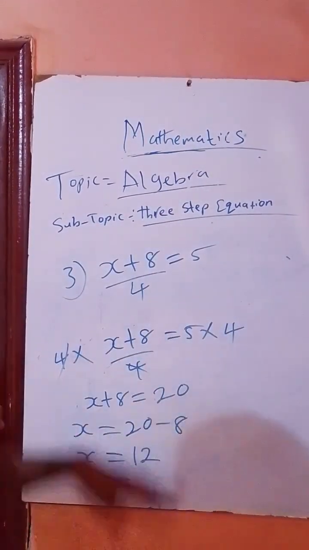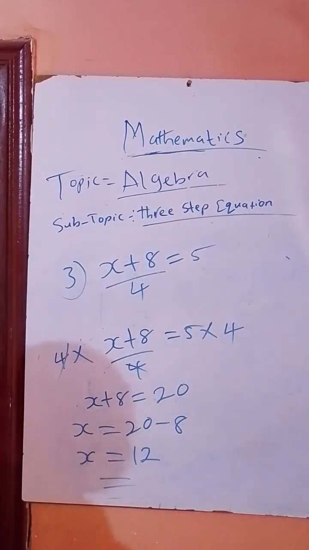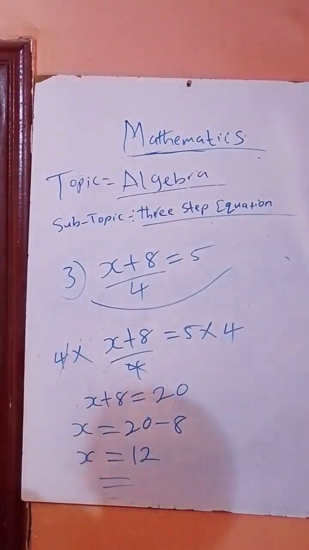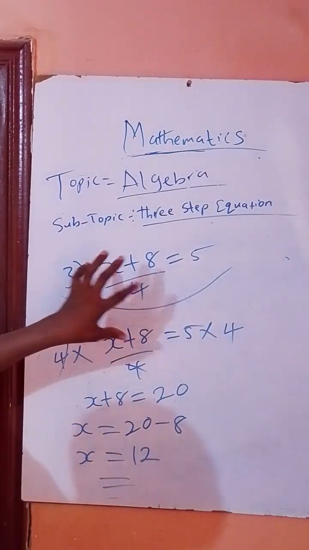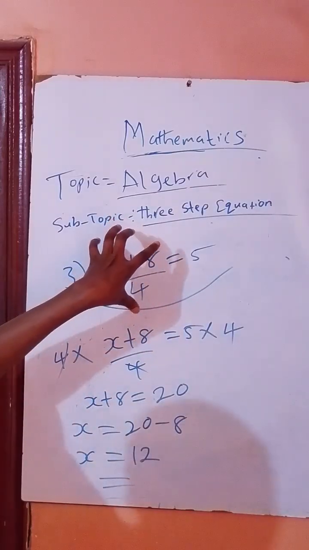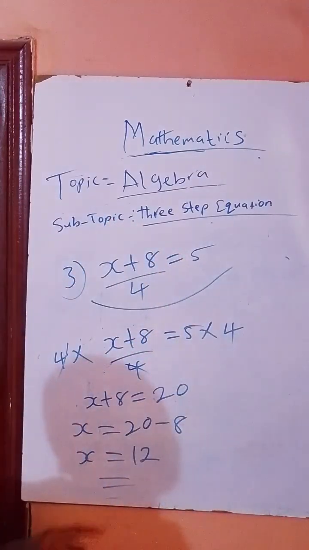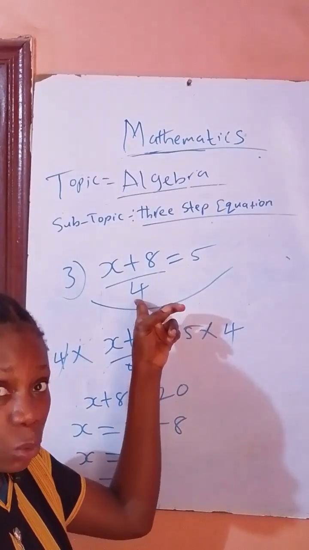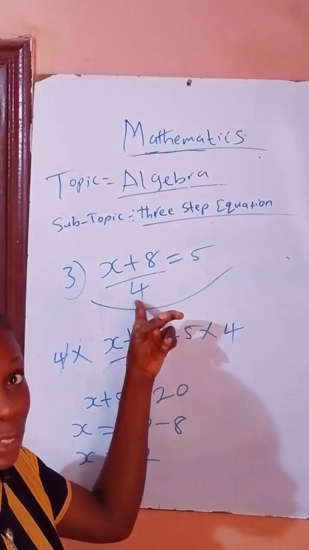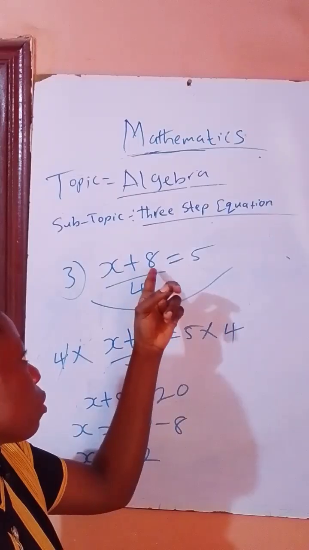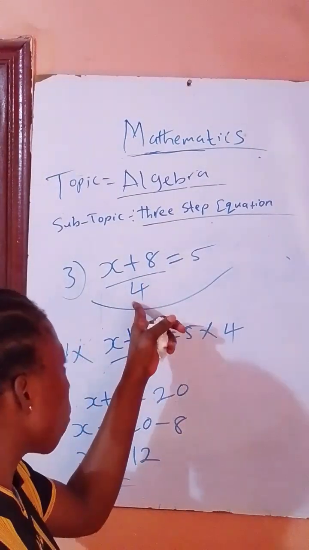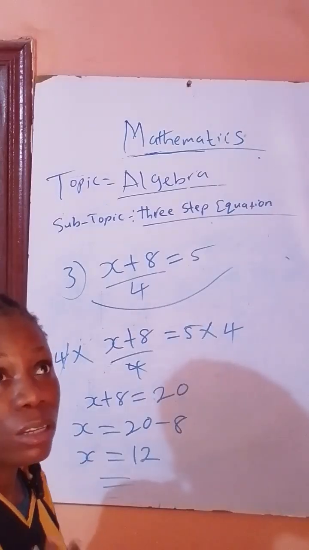This is the question they gave us. We want to eliminate this 4, this denominator, so that we'll be left with x plus 8. And the only way we can eliminate this 4 is by multiplying both sides by 4.